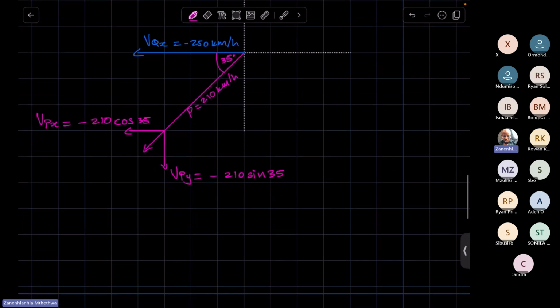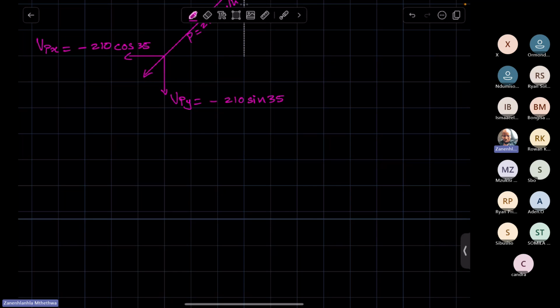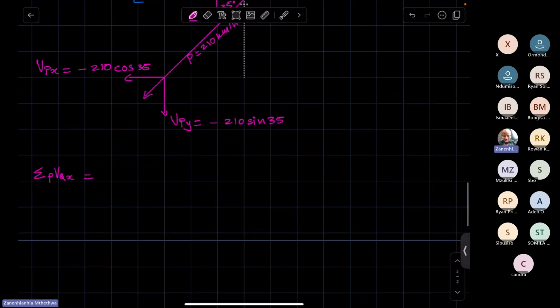Applying your conditions of equilibrium, we look at the sum of vectors in the x direction. We are looking for p relative to q. So the sum of p relative to q in the x direction is going to be equal to vpx plus vqx.